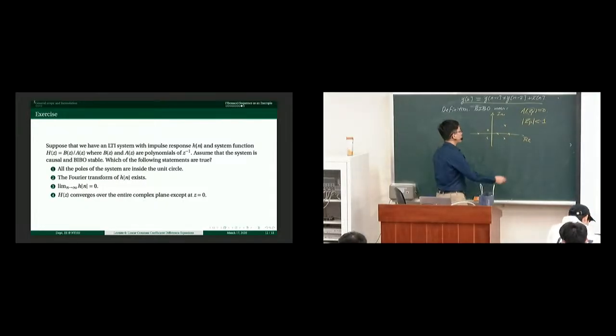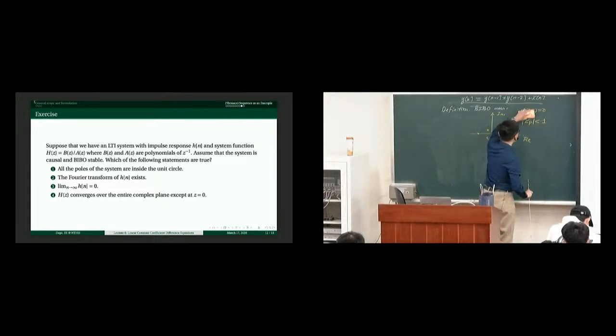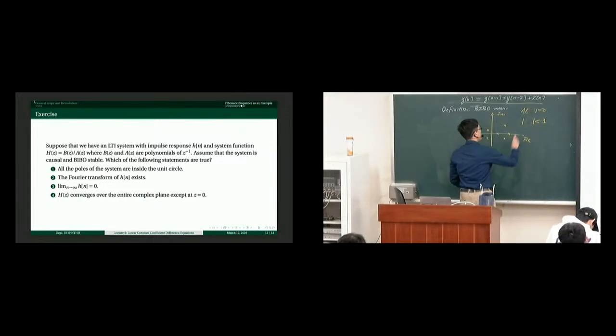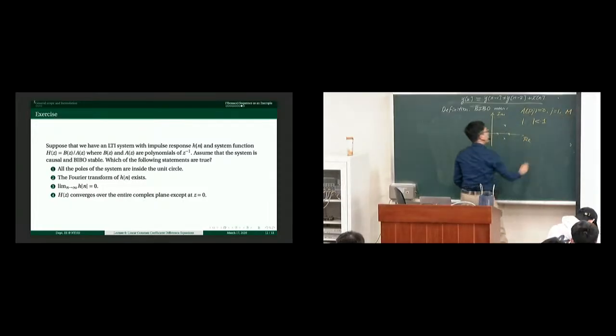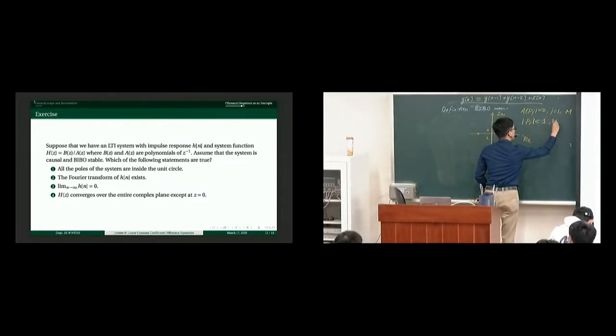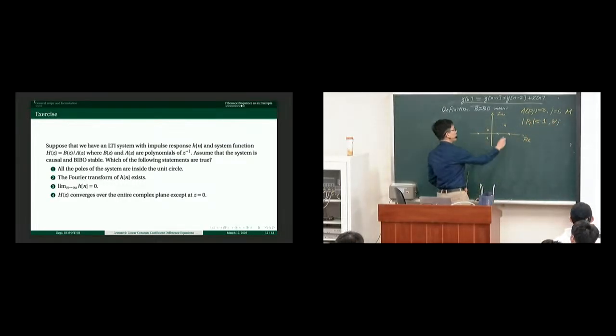Let me change my notation: A of Pj, where j equals 1, 2, 3, 4, 5, all the way to m roots. All the Pj are inside the unit circle because of the BIBO assumption. That means the unit circle includes all the poles in it.